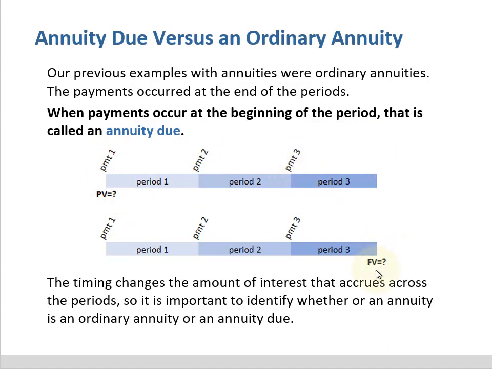Same thing in the future value situation. The timing is important, and the factors will be different because whether this first payment is made here, second payment here, and third payment here, or the payments happen here, here, and here, changes the amount of interest. So it's very important to identify whether you have an ordinary annuity situation or an annuity due situation.